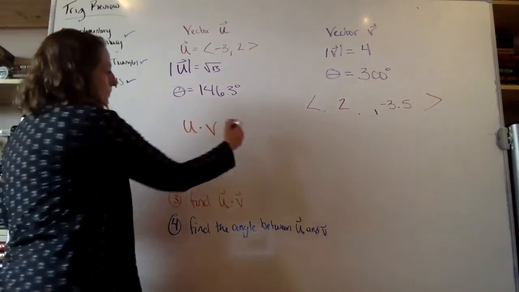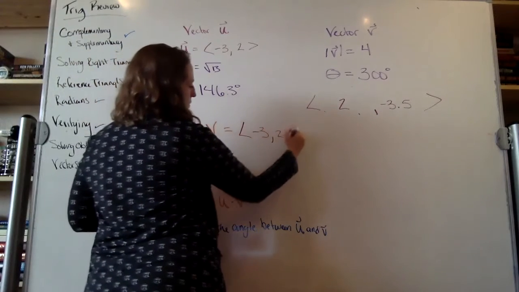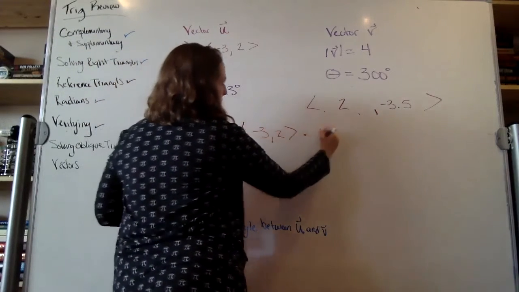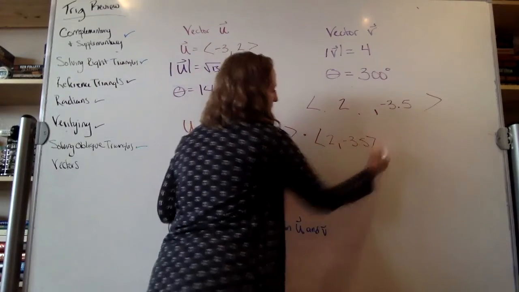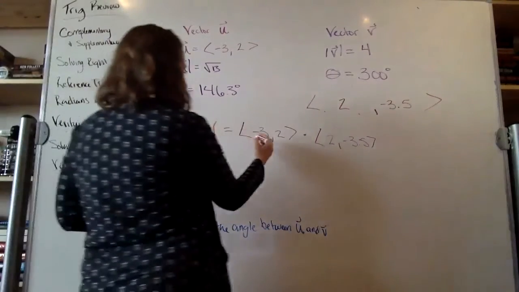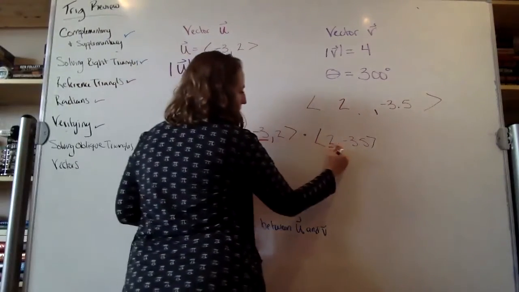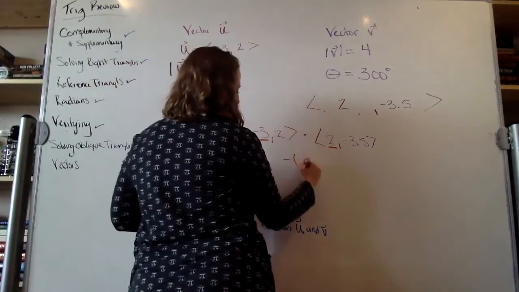Okay, so if I want to do -3, 2, that's my u, dotted with 2, -3.5. Again, what I'm going to do is multiply my horizontal components. -3 times 2 is -6.